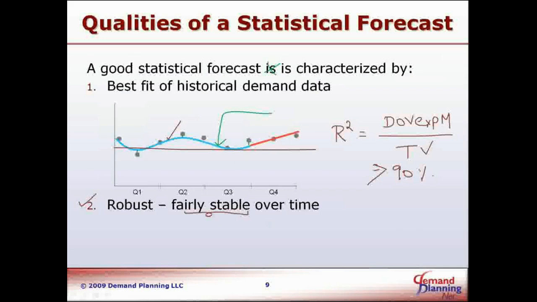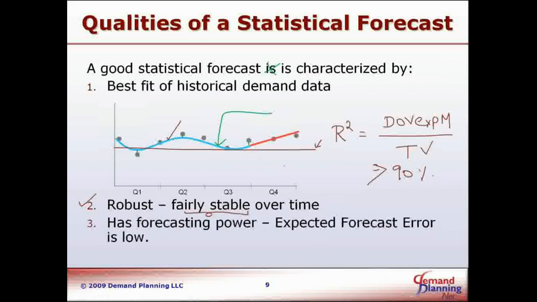Robust, fairly stable over time. I cannot emphasize the importance of this particular quality of a good stat model enough. Robustness is very key. It is an important attribute of a good statistical forecast model. Your model should be robust, fairly stable over time. What does that mean?